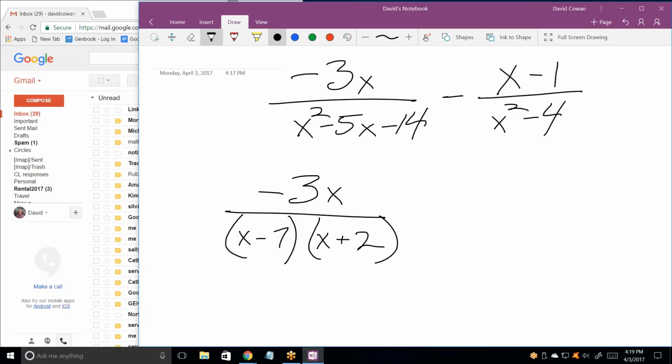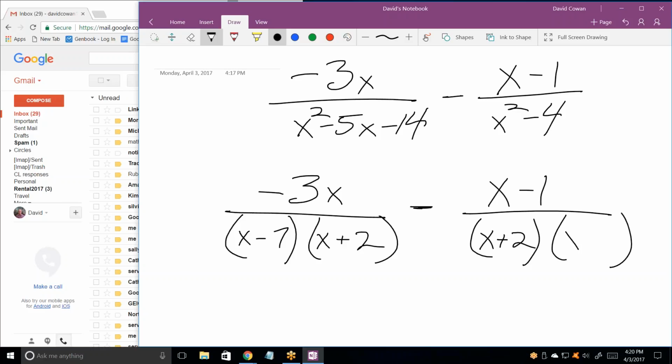Now, we can be relatively confident that the right denominator is going to have one of the factors in common with our left denominator, and that's going to be x plus 2, only because they wouldn't give us this problem otherwise.